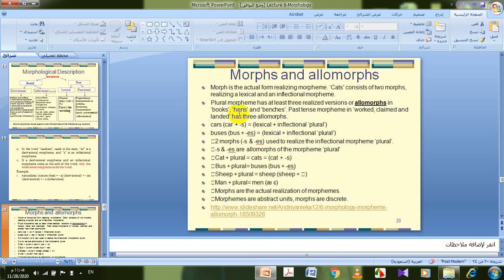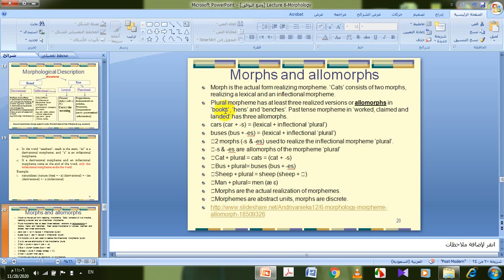Good. All three are allomorphs because they are different versions of the same morpheme. They are pronounced differently, but semantically, they are the same. By semantically I mean the meaning, because it conveys the plural.